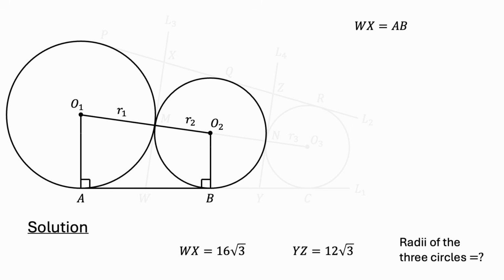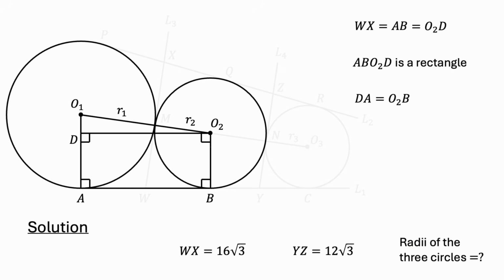Following this, from O2, draw a line perpendicular to O1A, cutting O1A at D. Then ABO2D is a rectangle. Since the sides of a rectangle are equal, we have AB equals O2D and DA equals O2B.